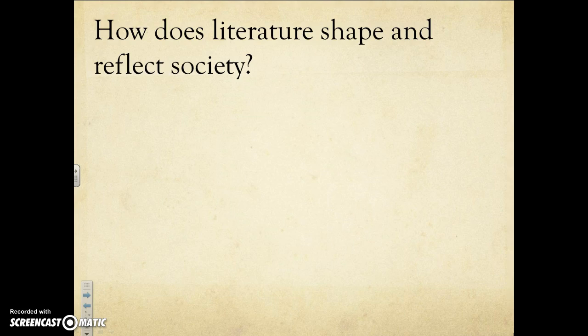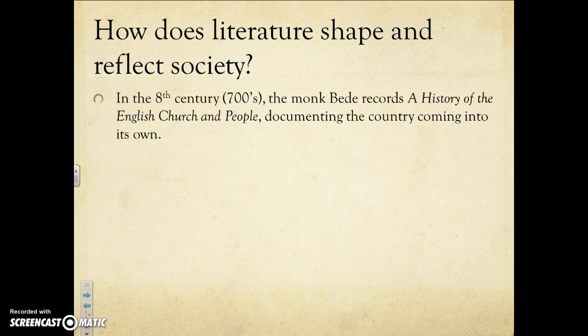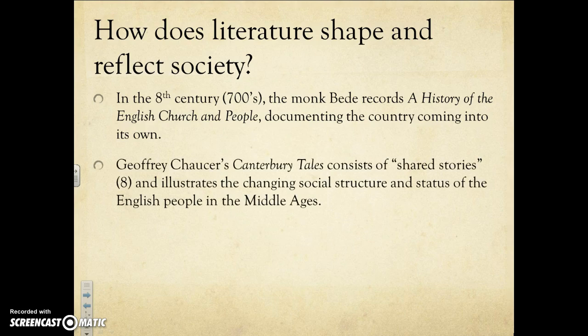So let's also consider, how does literature shape and reflect society itself? Well, people started recording for the first time things like histories, like Bede's History of the English Church and its People. Geoffrey Chaucer, whom we'll be looking at very closely, wrote the Canterbury Tales, which is one of the first and certainly one of the most famous satires ever written in the English language.